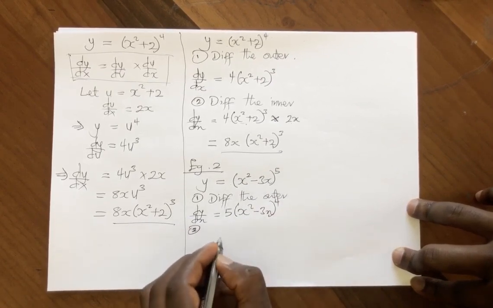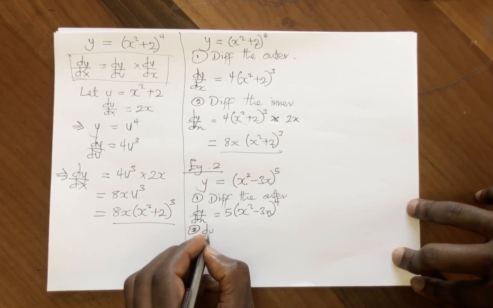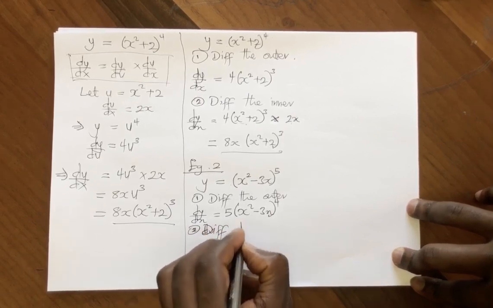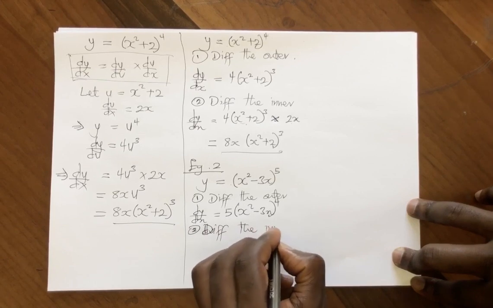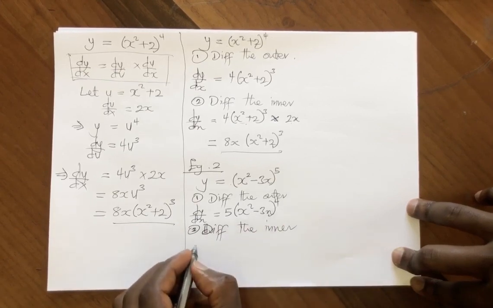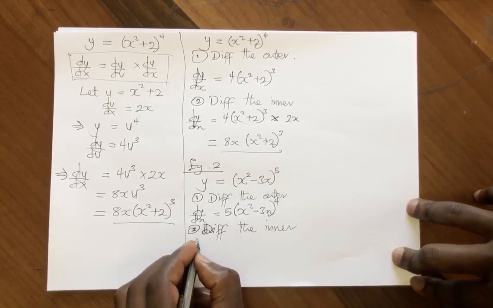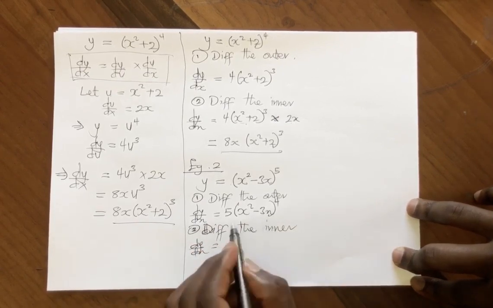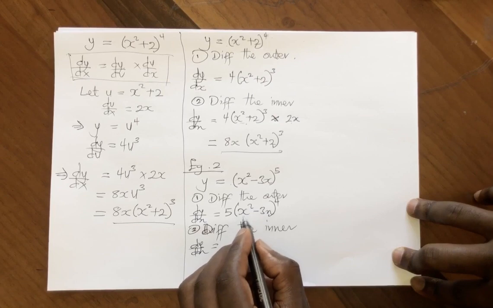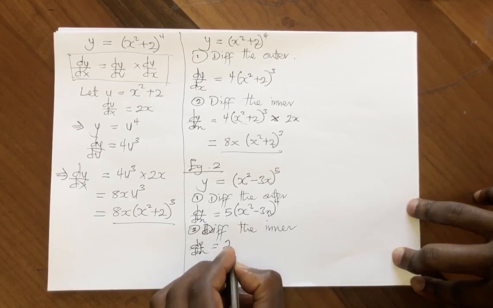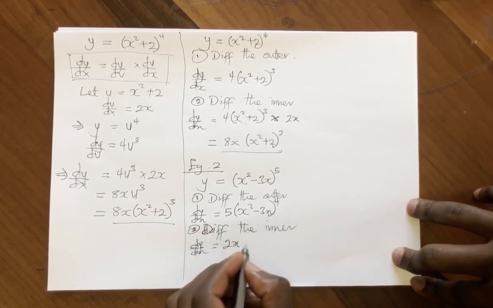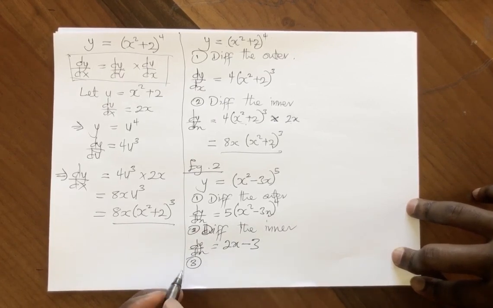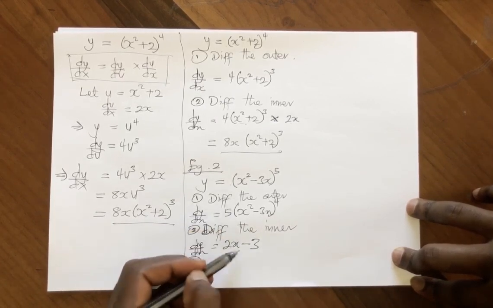Two, let's go and differentiate the inner. So that would mean that you have dy/dx, okay? So the inner, only the inner. So this will be 2x minus 3, okay? Now multiply your answers.